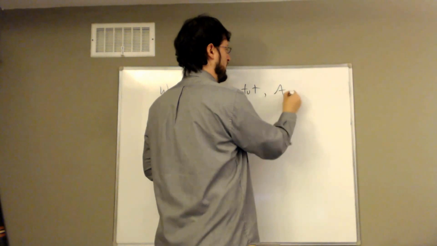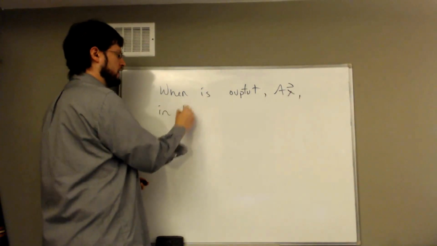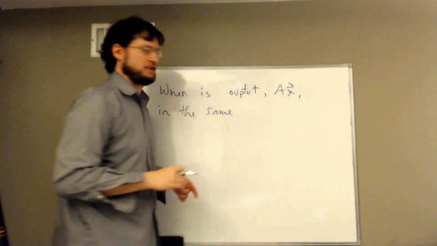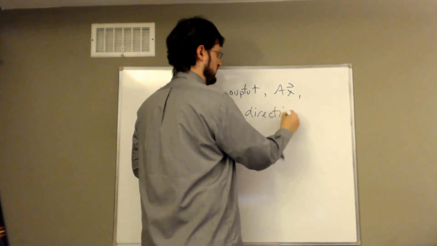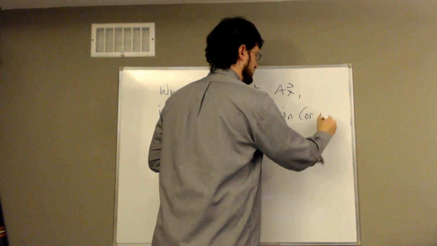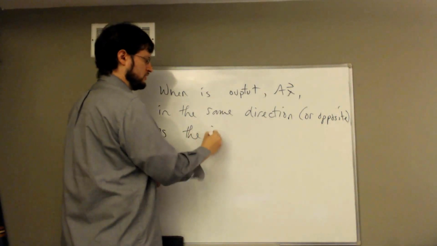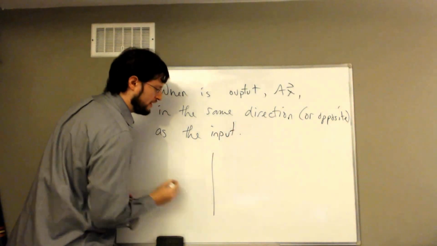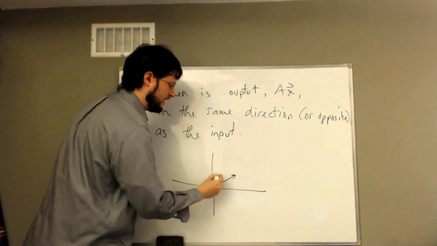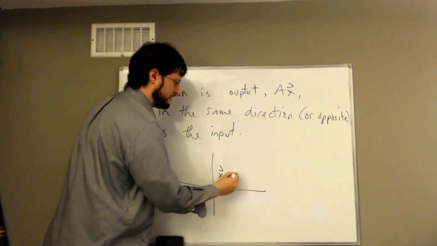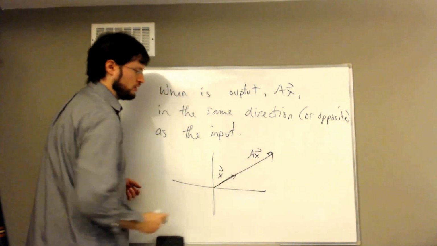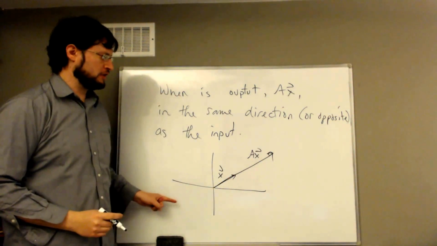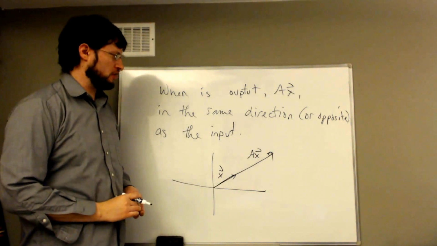When is the output, Ax, in the same direction, or possibly negative direction, but it follows the same line as the input? All right, so we're worried about a situation where we might have an input vector x and the output vector is in the same line. So this is Ax, or maybe possibly backwards, but still along the same line, in the same direction or opposite.